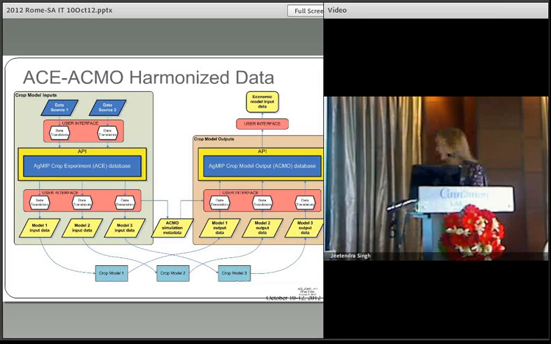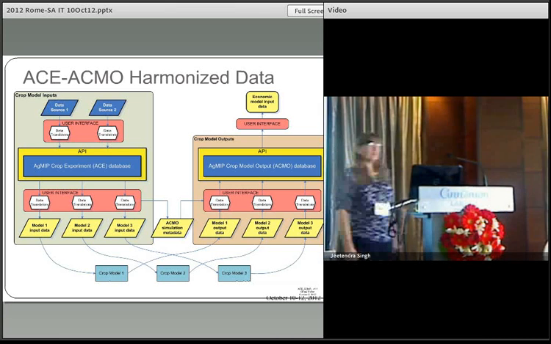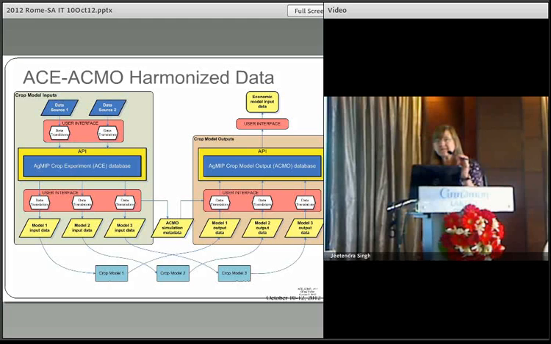There's one other really important aspect on this diagram, and that is down in the middle, between the model input data and the model output data. You see this AgMIP simulation metadata here. This is a file that is created as the data are being translated into model-ready format.